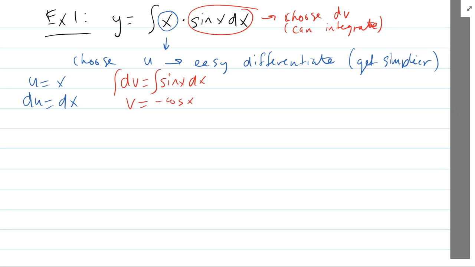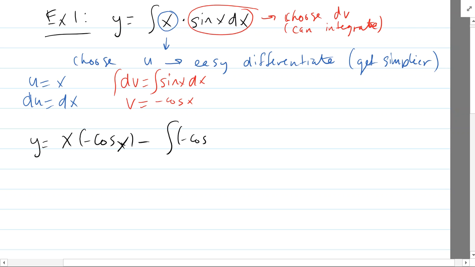All right, here we go. So you ready? So that means that y is equal to uv minus the integral of v, negative cosine of x, times du, which is dx.